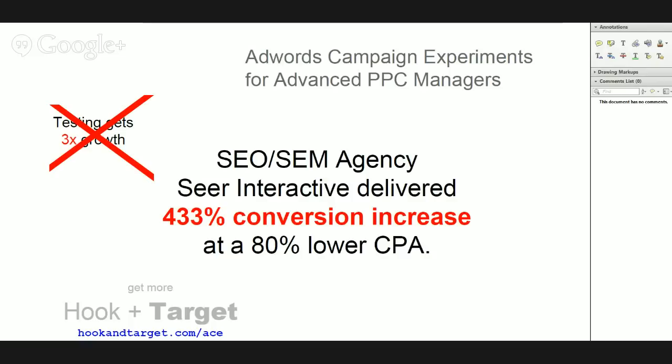I read this years ago and never got to use ACE. And now that I've been seeing the biggest drops in clients' CPAs because of ACE without a drop in conversions, I'm totally converted. I am never managing a PPC campaign, or specifically an AdWords campaign, anymore without using ACE.